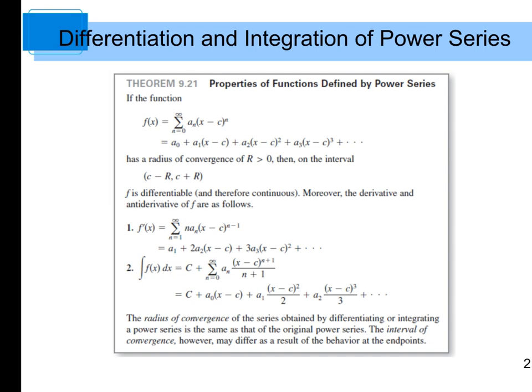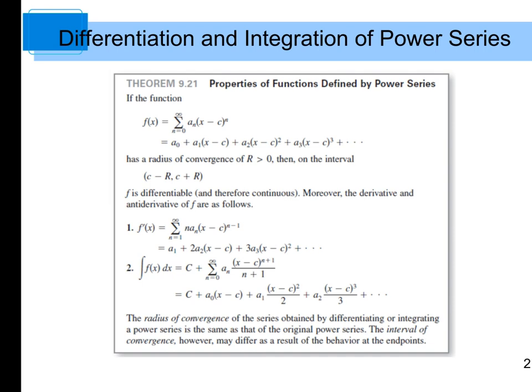Moreover, the derivative and the antiderivative of f are as follows. The derivative of f of x is equal to the sum from n equals 1 to infinity of n times a sub n times x minus c raised to n minus 1.